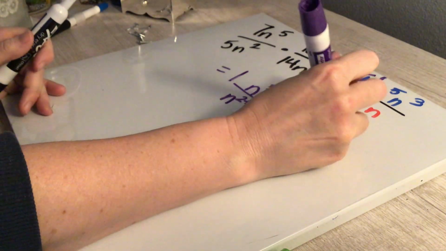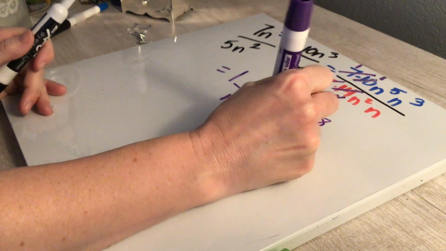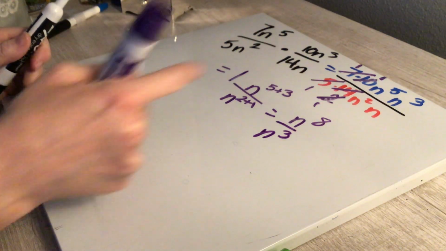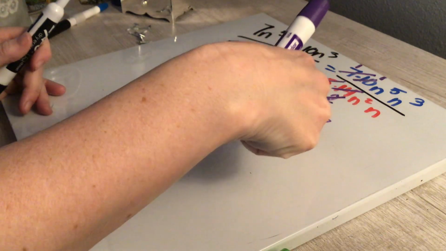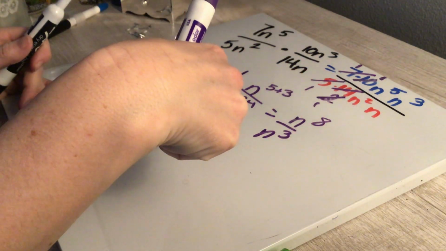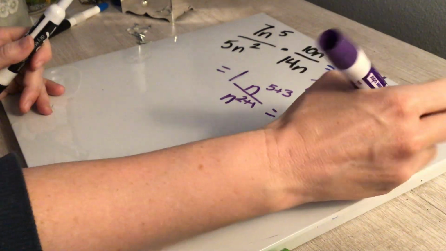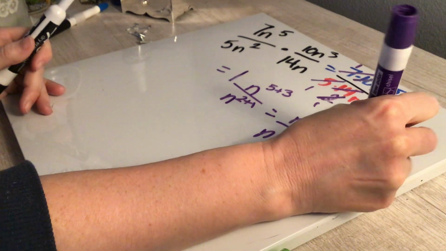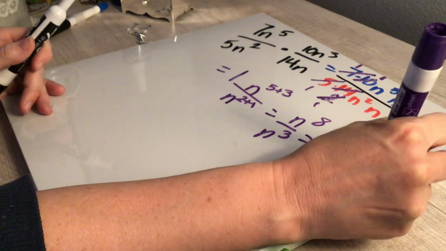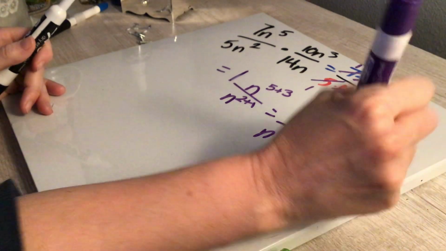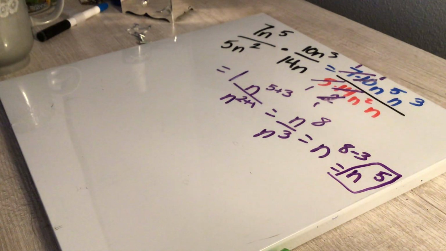We get n to the 8th over n to the 3rd. Now it is like bases again, and you're dividing, so we subtract our exponents. So n to the 8 minus 3 would be n to the 5th. So that entire thing simplifies to n to the 5th power. Okay?